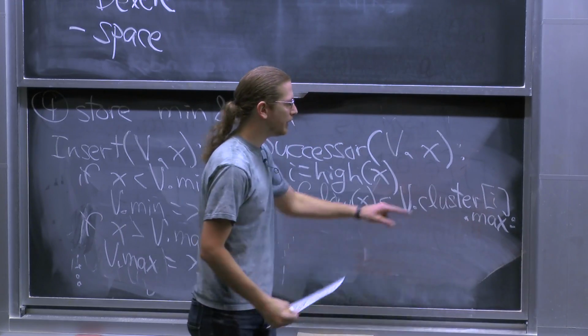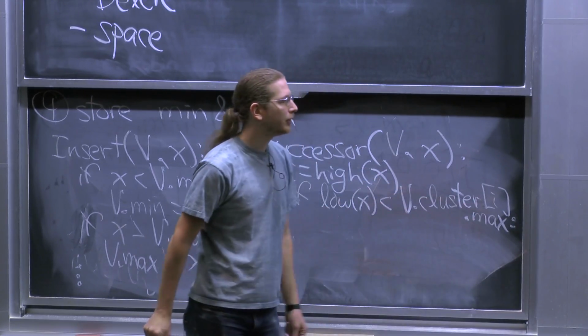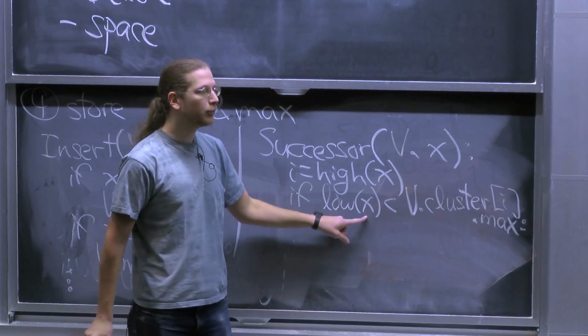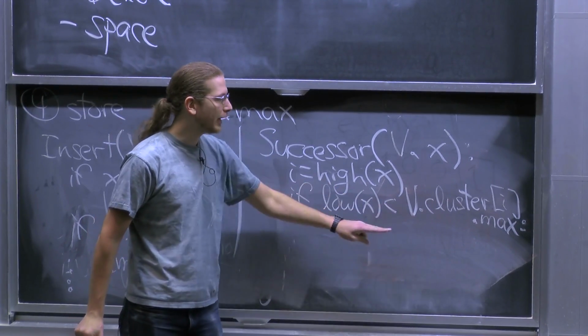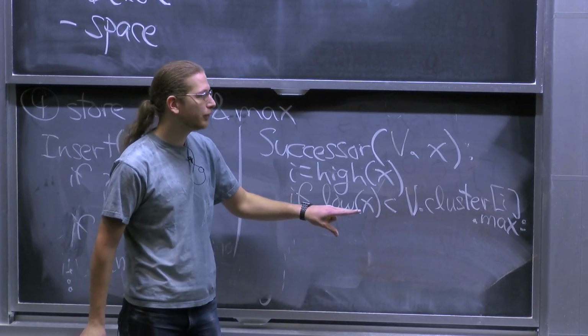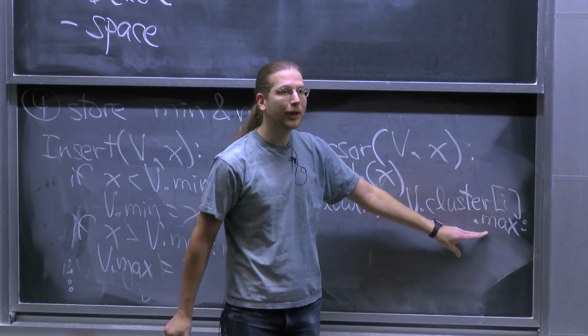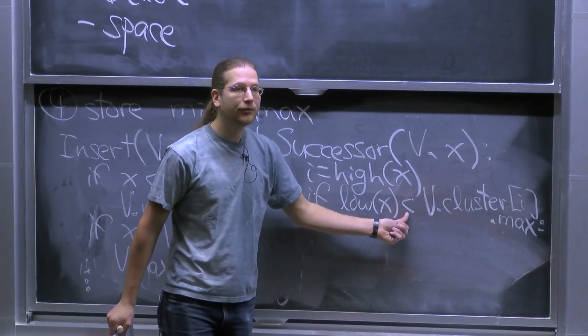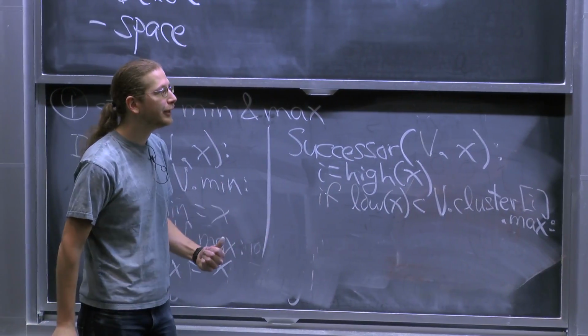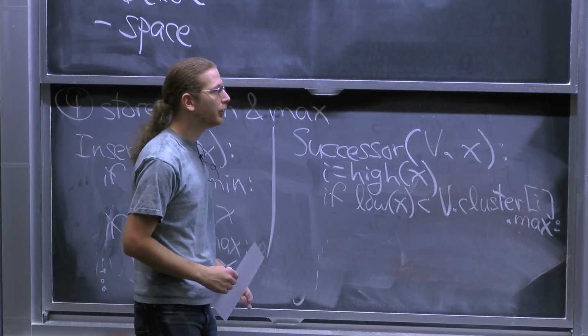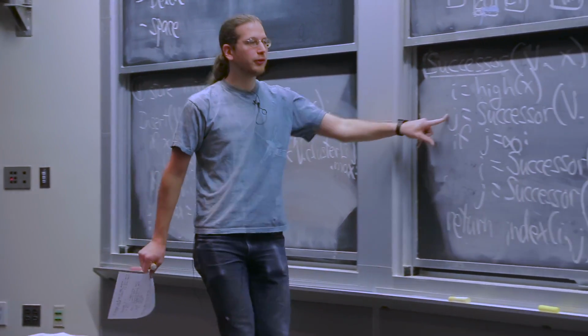So I'm looking at v.cluster[i].max. And I want to know, is x before that? Now, within that cluster, x is known as low of x. So I look for low of x, compare low of x to cluster i's maximum element. If we're strictly to the left, then there is a successor guaranteed within that substructure. And so I should do this line.